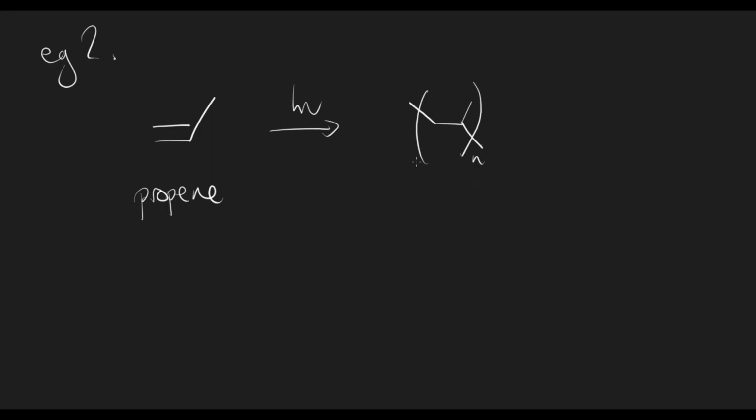So this was propene. Remember how we name these? You take poly, and then you take the name, and you stick it over here. So this is polypropene, sometimes referred to as PP.